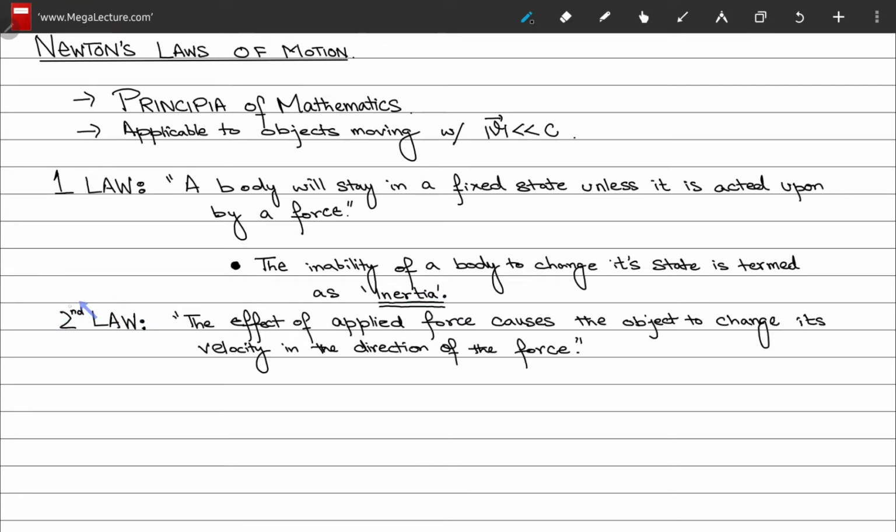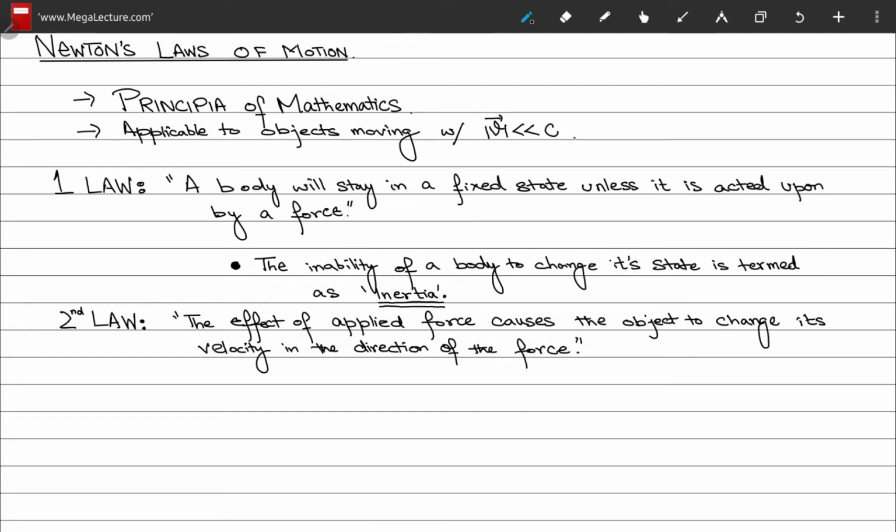Moving on to the second law, it states that if a force is applied on a body, it will cause the object to change its velocity, which just means that it is going to produce an acceleration, in the direction of the force that you just applied.